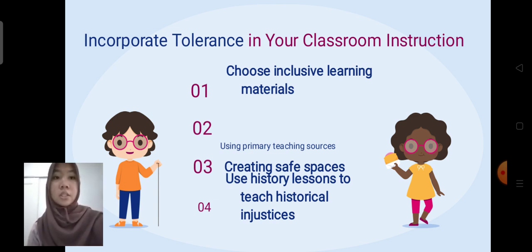And the last instruction, use history lessons to teach historical injustices. Educators can use history lessons to educate students about instances of racism in America's past. For instance, you can use lesson plan resources to guide students to address issues of racism and stereotyping.